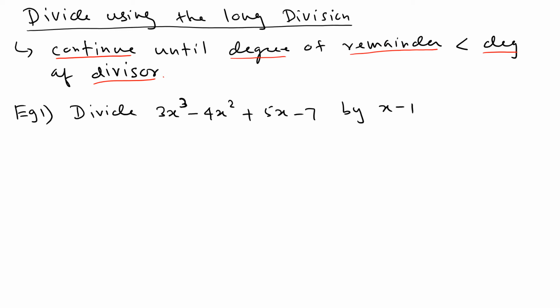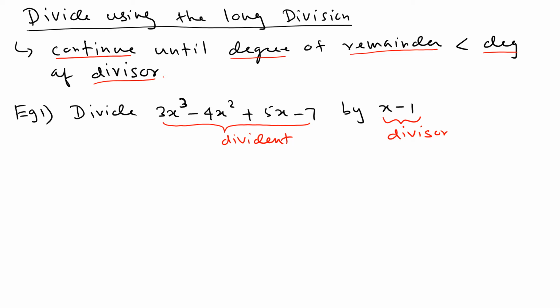If you get that, we first check whether we have all the terms in the dividend. This is what we call the dividend. This is what we call the divisor that you divide by. So dividend and divisor.